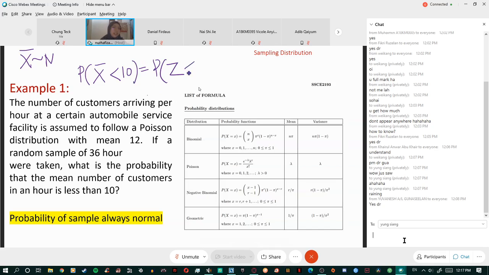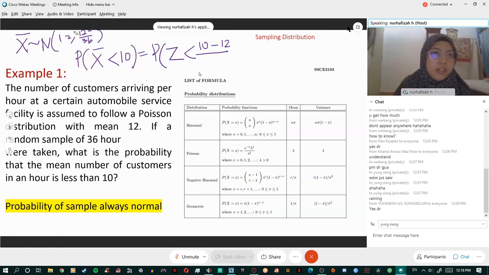Then you have 10 minus 12 divided by, now your variance is 12, right? Oh no, 12 squared is 12, it should be 12 only, because your variance is 12.